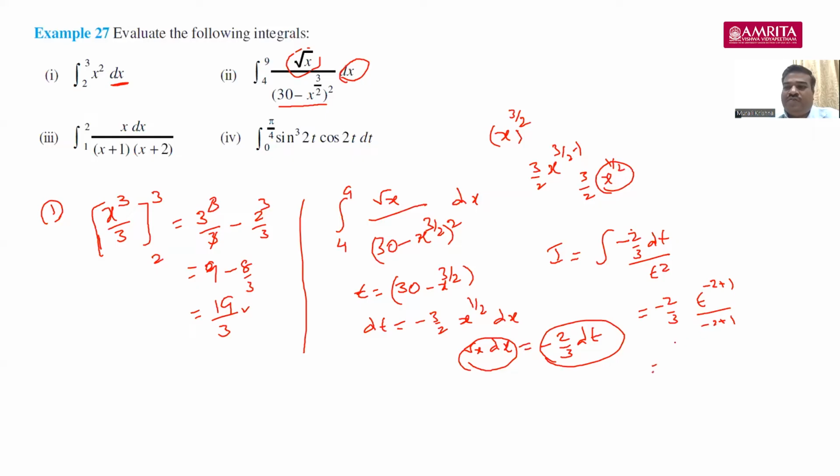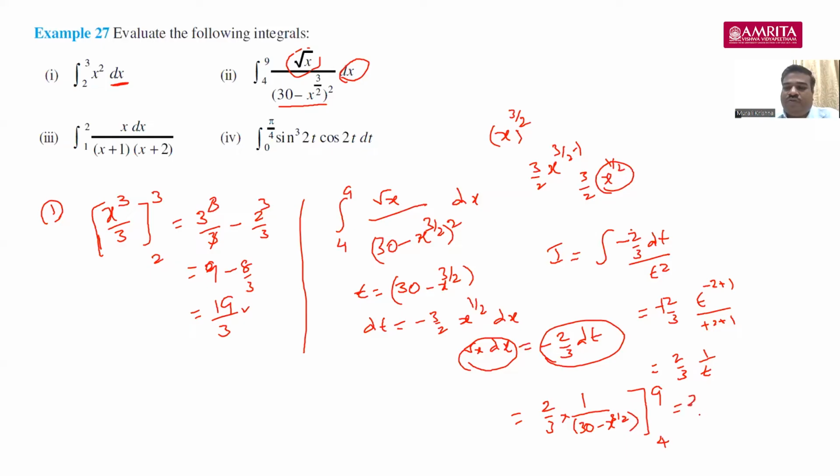This is minus 1, you can cancel it. Ultimately, 2 by 3 times 1 by t. T means, substitute back once again: 30 minus x power 3 by 2 under our original limits, please substitute 4 to 9.